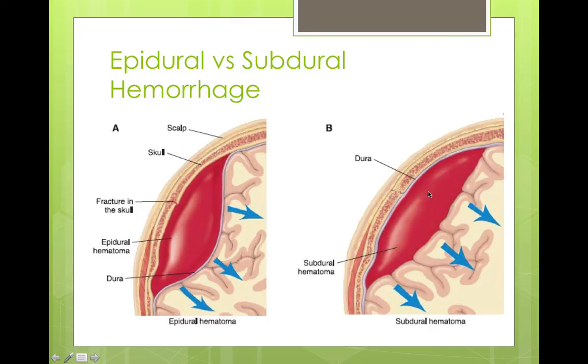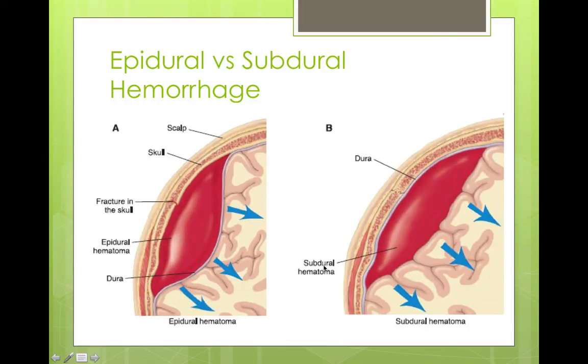If you get a bit luckier and get damage between the dura and the arachnoid, which is the subdural space, you damage your veins and you have venous bleeding and a venous hematoma in the subdural space.